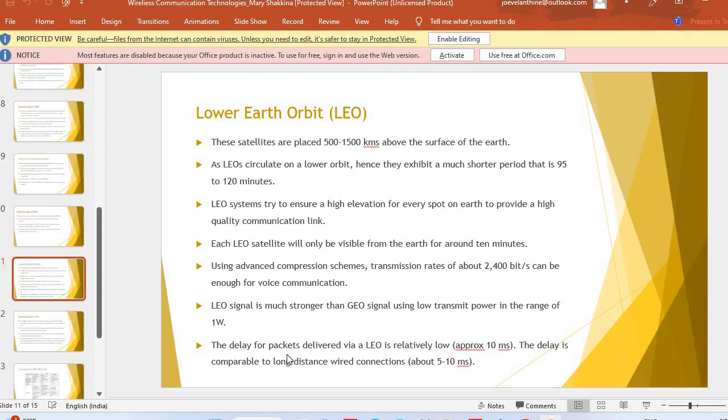The delay for packets delivered via LEO is relatively low. The delay for packets is also very low compared to the GEO and MEO satellites.